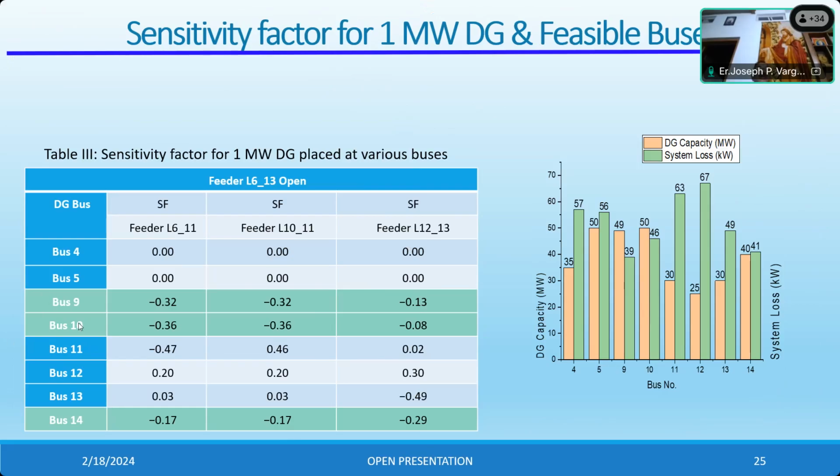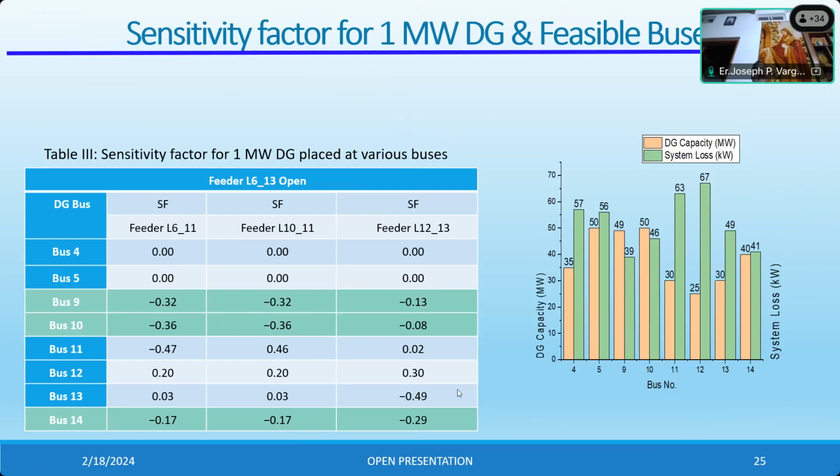We know that the load buses are bus number 4, 5, 9, 10, 11. These are the load buses of the IEEE 14-bus system. When we place a 1 megawatt DG at the load buses one by one, we get negative values for certain locations: bus number 9, 10, 14.